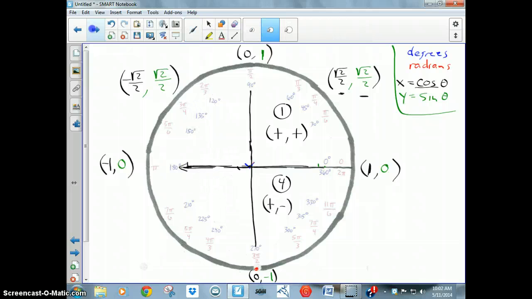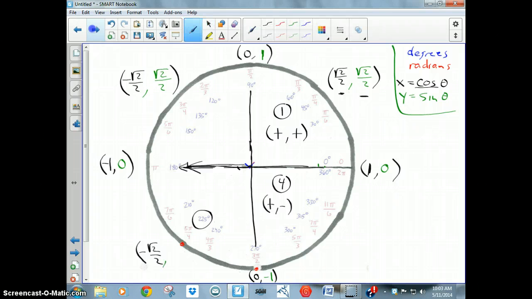So now, if I go down to 225 degrees, the cosine of 225 is negative square root of 2 over 2, because you're going in the negative x direction to get to point P, which is going to be right here. And then also negative square root of 2 over 2, because you're going in the negative y direction.